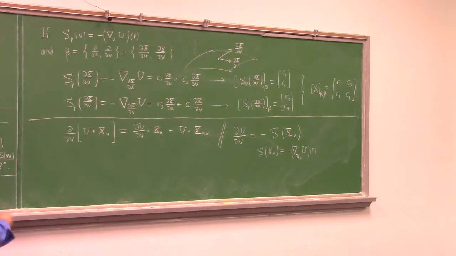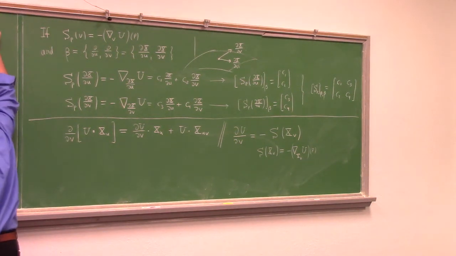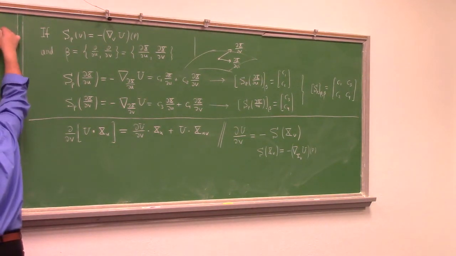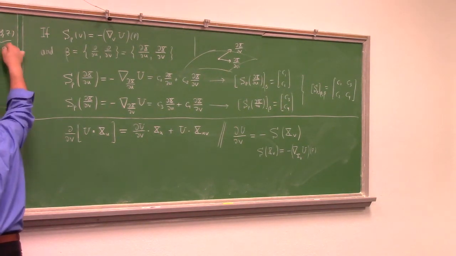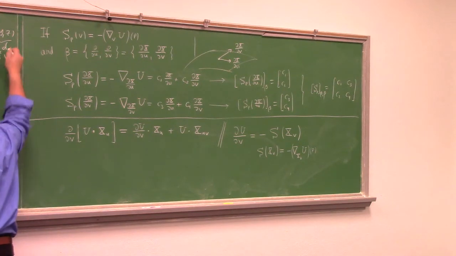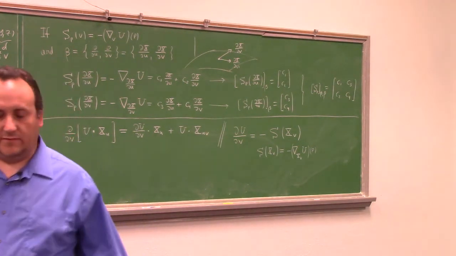So let's unravel it. xv is partial x partial v partial x, plus partial y partial v partial y, plus partial z partial v partial z, where big X has component functions x, y, z. These are functions of u and v.